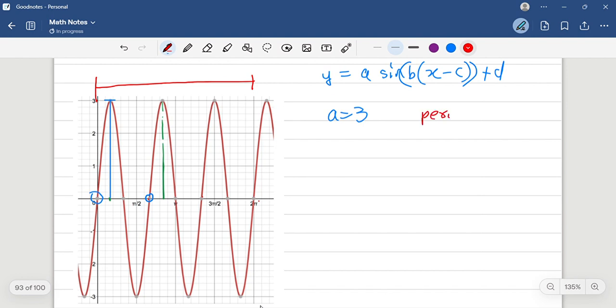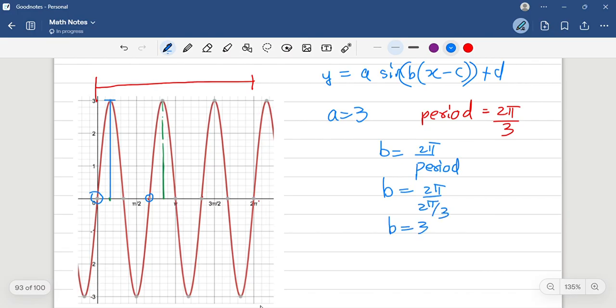So the period will be what? In 2 pi there are 3 cycles completed, so the period will be 2 pi over 3. The B value will be given as 2 pi over the period, 2 pi divided by 2 pi over 3, so B comes to 3.